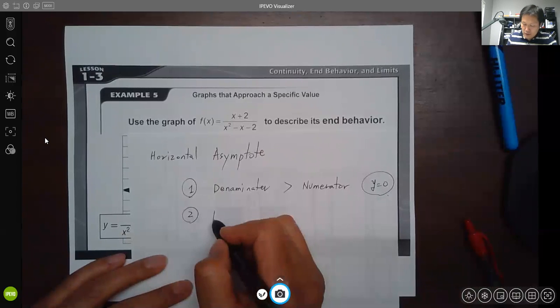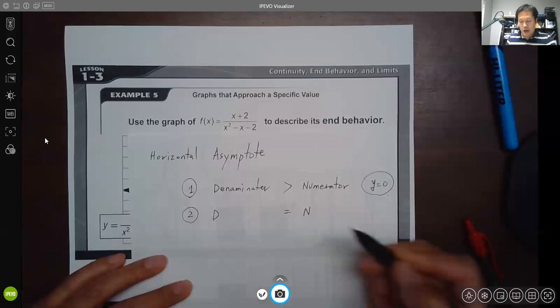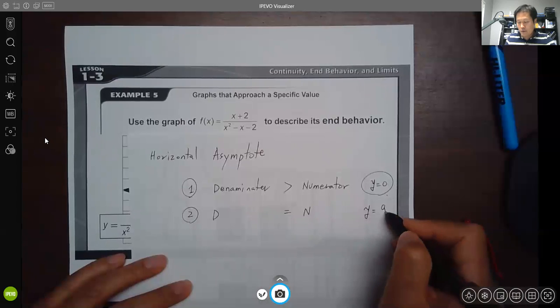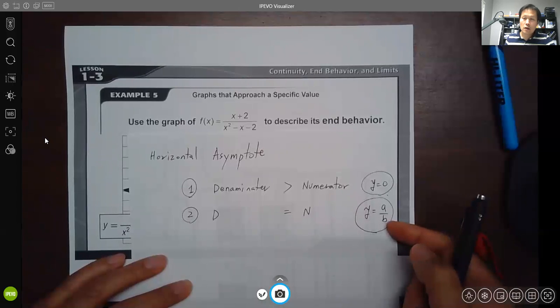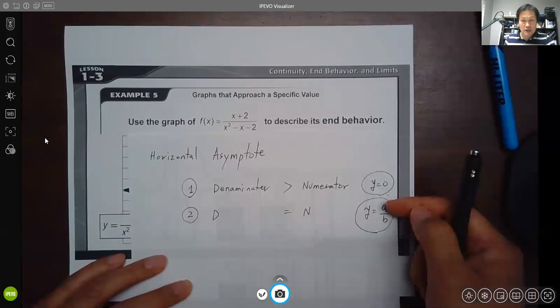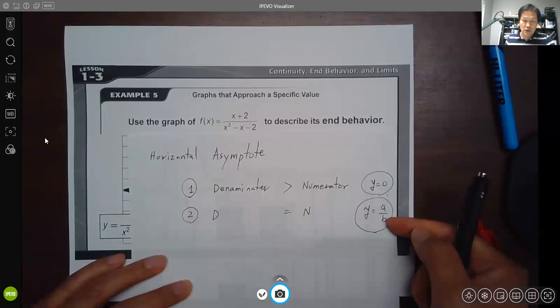Second case, the numerator and denominator have the same power, then y equals a over b is a horizontal asymptote, a and b being the leading coefficients. A is the leading coefficient of the numerator, b is the leading coefficient of the denominator.